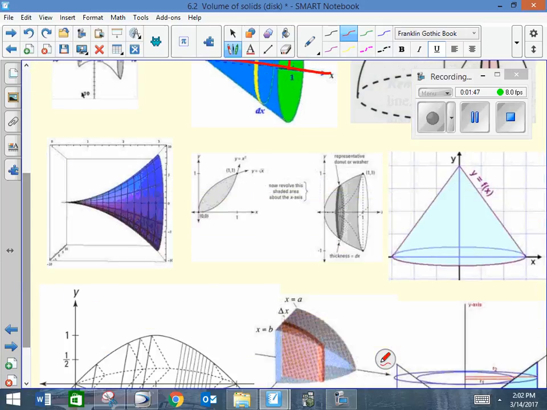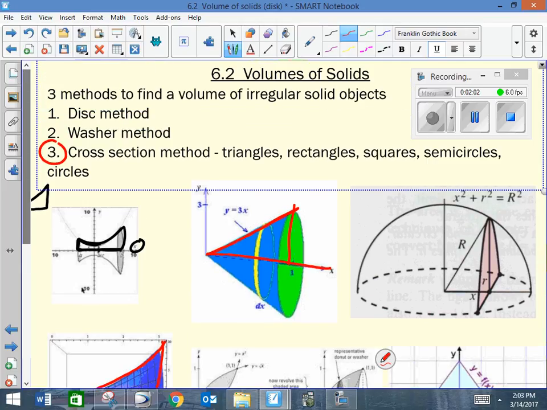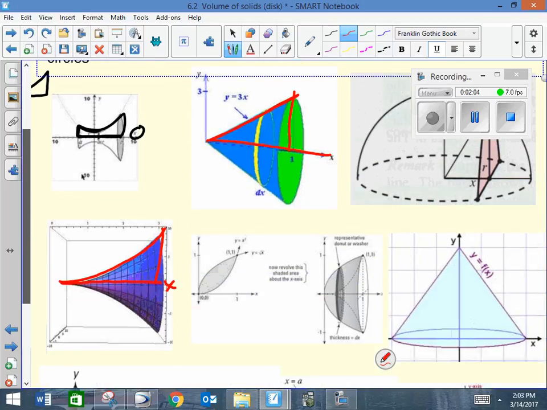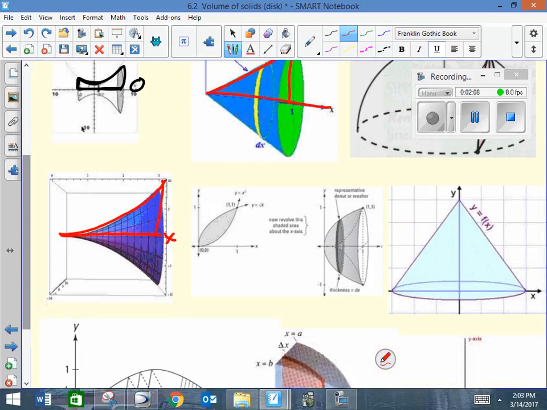Okay, here's another rotation. We take this, probably up here, and we rotate it around the X again. We haven't really talked about whether it's a disc or a washer yet, sorry. We're just creating how the solid is created by doing the rotation.